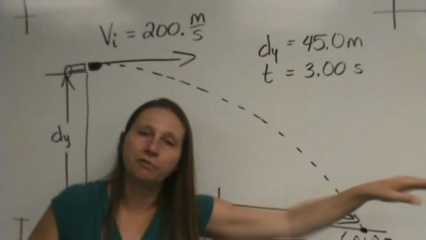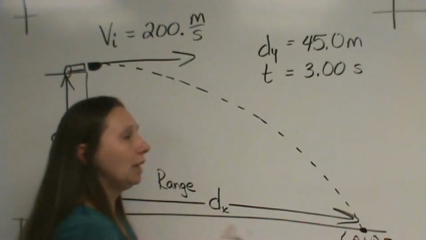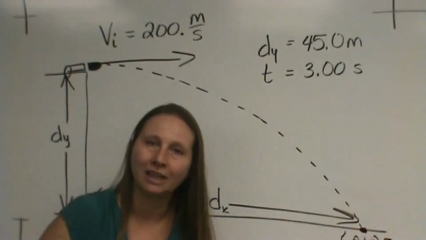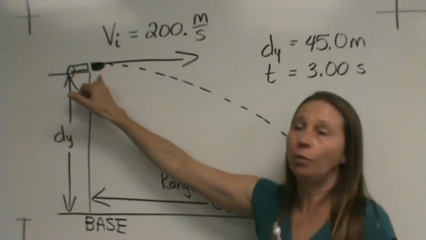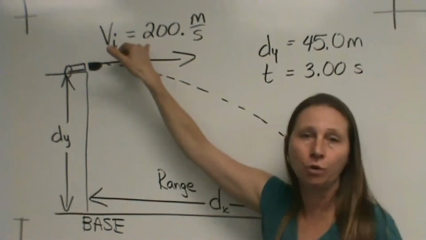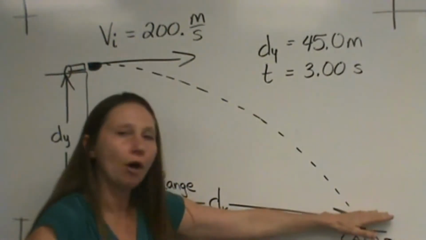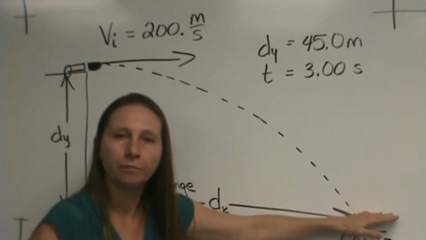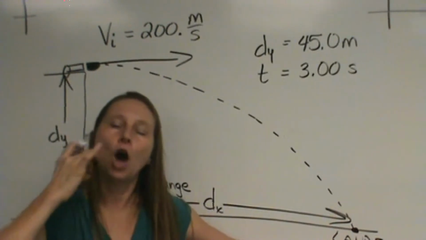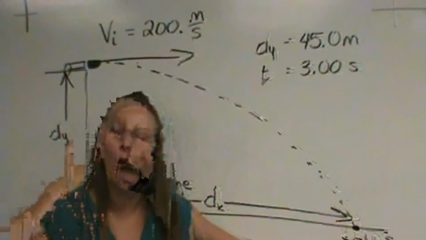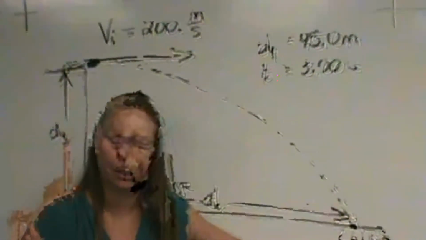Whatever the velocity was when it exited, the initial velocity, 200, is the same horizontal velocity over here, right up to the point where the acceleration in the x direction is 0. So Vx is constant because the acceleration in the x direction is 0.